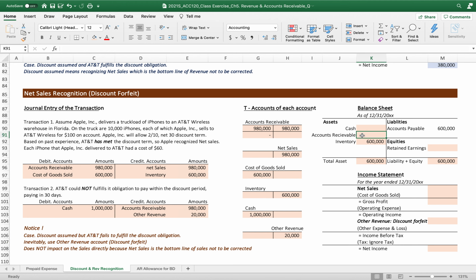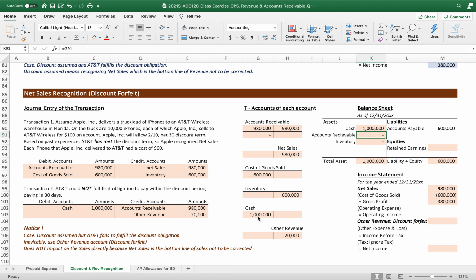Then let's record. On the balance sheet, the accounts receivable balance is 0. The net sales starting point is 980, because Apple assumed AT&T will pay within 10 days. The cost of goods sold is 600,000, so the gross profit is now 380. Inventory out, $60,000. Then the cash received is not 980 because AT&T couldn't pay within 10 days.